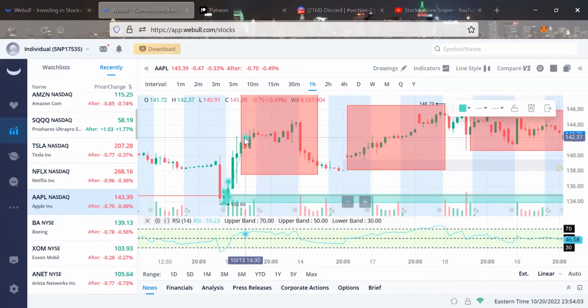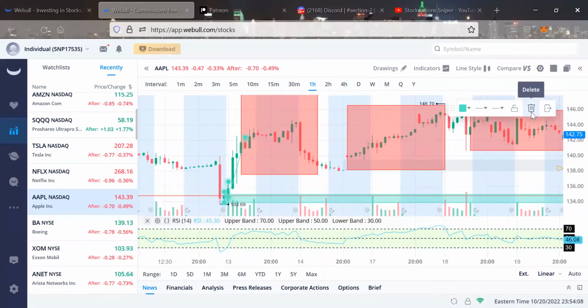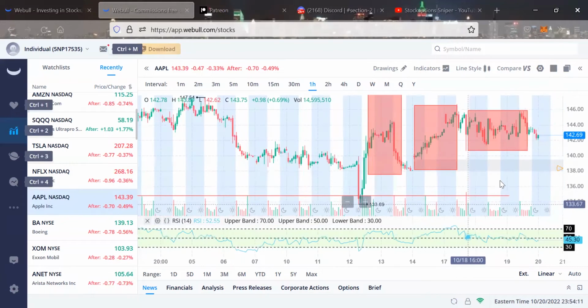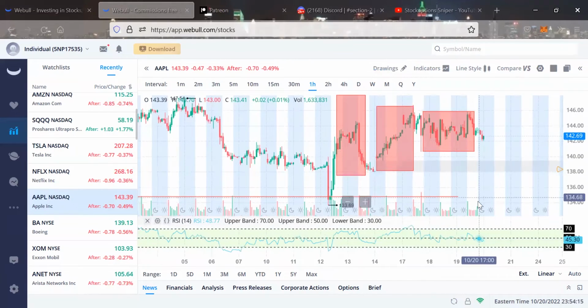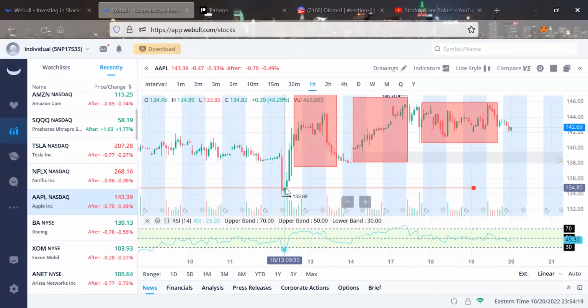Therefore, it is no longer valid. You guys see that? So this zone is no longer valid. This becomes liquidity, where price is going to go down lower and run through that. You can use this zone as valid, but in my strategy, I don't use those zones as valid.